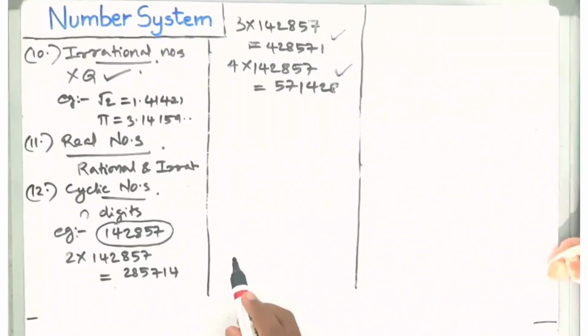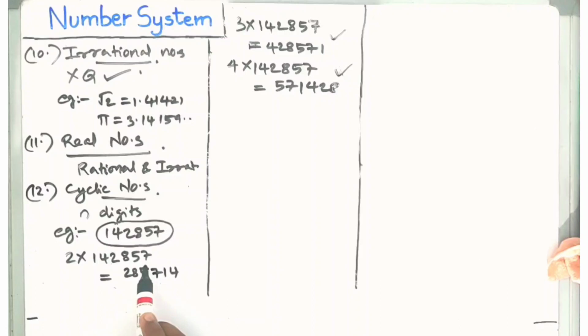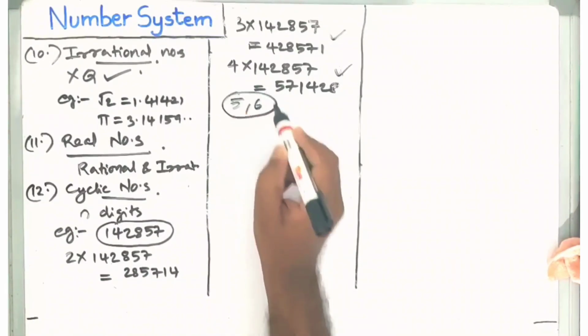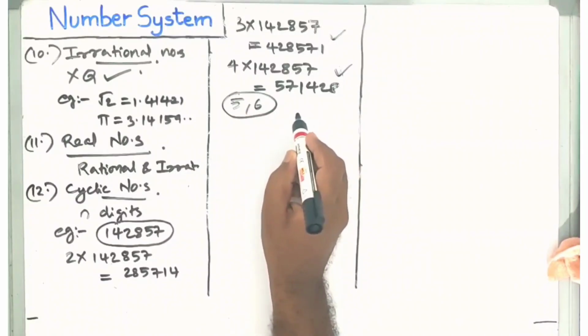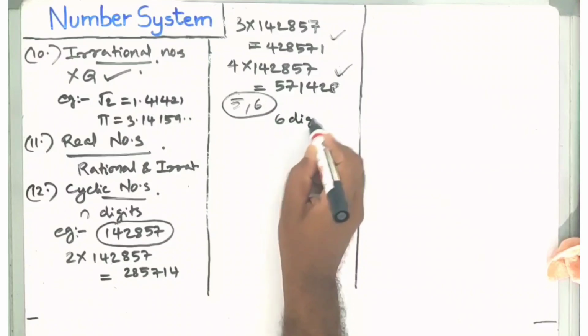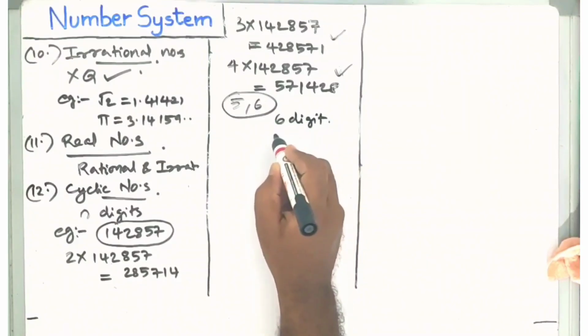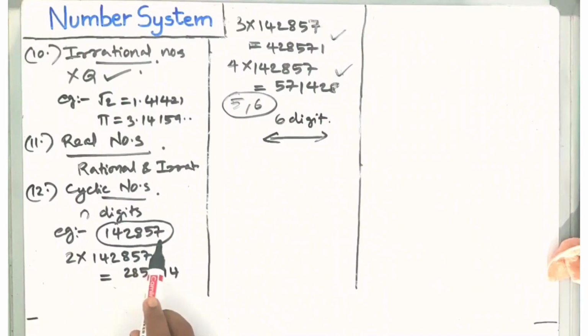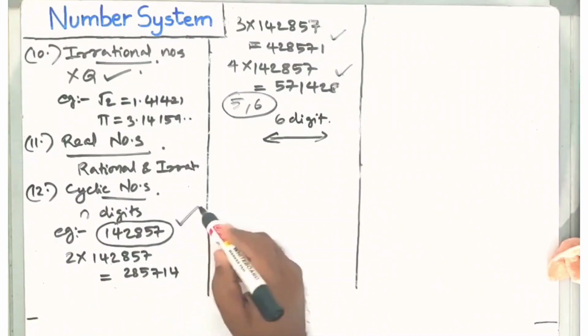So the point I want to say is, when you multiply an n-digit number, in this case a 6-digit number, with 1, 2, 3, 4, 5, 6, then we will get an answer. That answer will be a 6-digit number, but the digits are in different order. 1, 4, 2, 8, 5, 7 is a cyclic number.